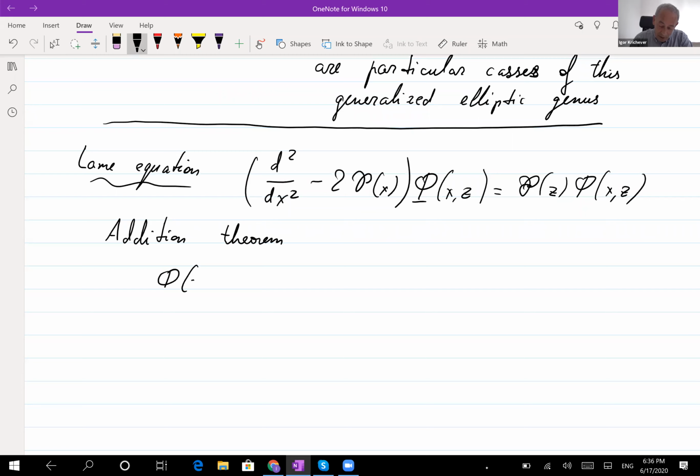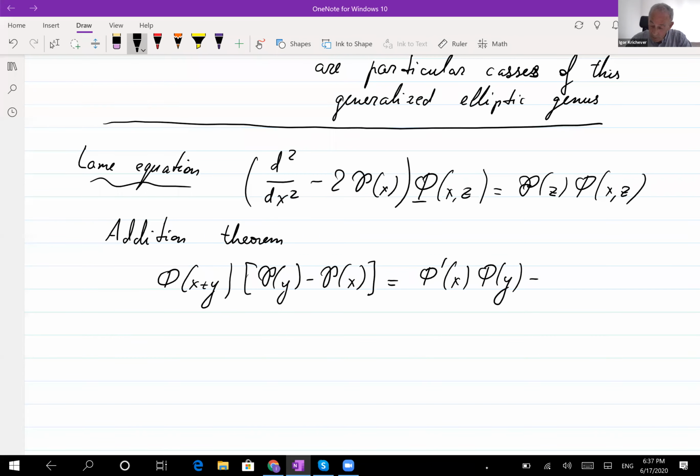So phi of x plus y multiplied by p of y actually equals the Wronskian of phi of x, phi of y, and this is identically z for any z. There is this addition form that expresses in an implicit way the evaluation of phi at x plus y in terms of phi of x and phi of y. Just some form of addition theorem for elliptic functions.